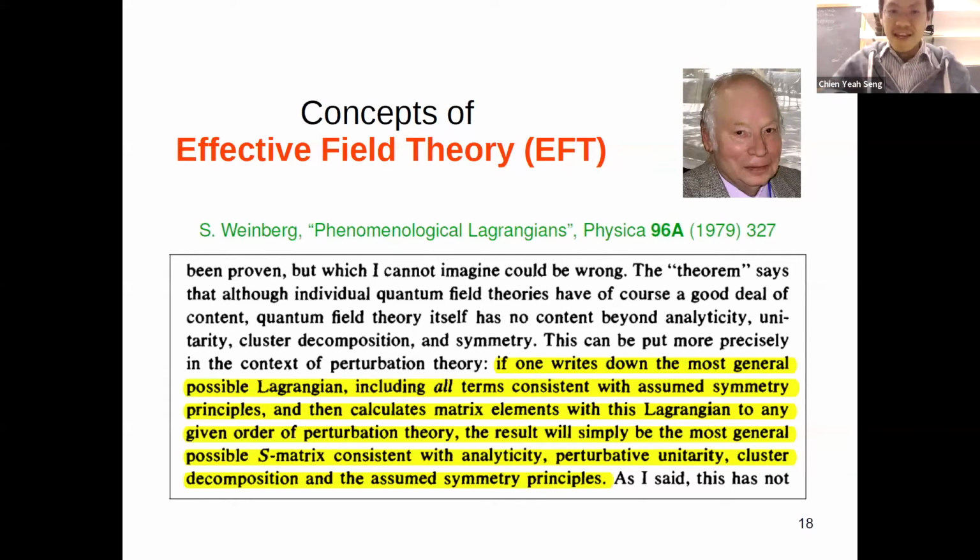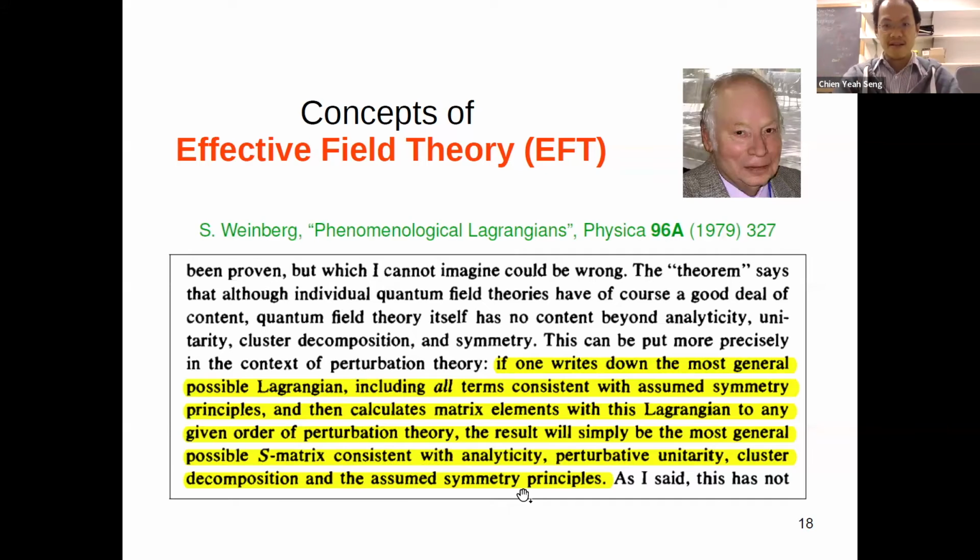So if that assumption is true, then one can come to the following conclusion. Namely, if one writes down the most general possible Lagrangian, including all terms consistent with assumed symmetry principles, and then calculates matrix elements with this Lagrangian to any given order of perturbation theory, then the result will simply be the most general possible S matrix consistent with analyticity, perturbative unitarity, cluster decomposition, and the assumed symmetry principles.